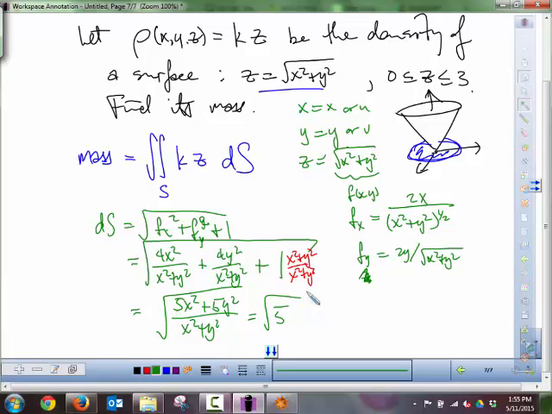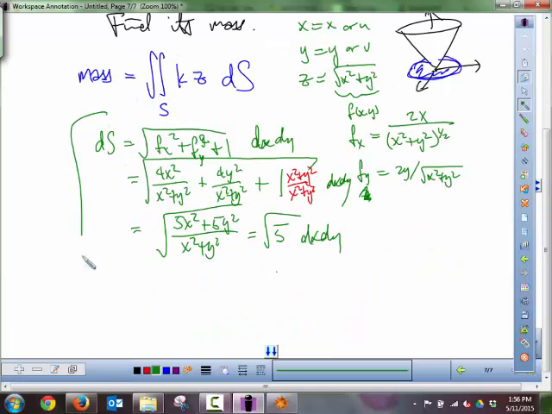And then if you factor a 5 from the numerator, you get x squared plus y squared on top and the bottom, and they cancel. So your differential is just the square root of 5 dx dy. I forgot my dx dy here. So that's my ds.